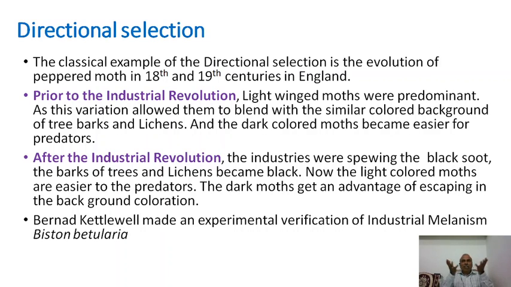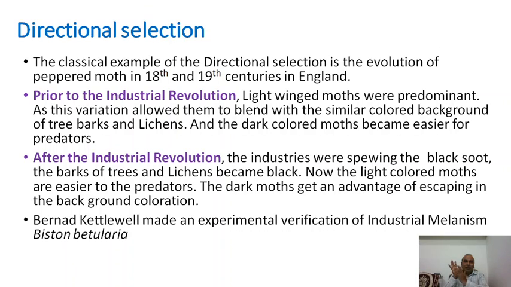But once the Industrial Revolution occurred, all the industries and factories produced black soot. The black soot spewed onto entire surfaces like tree barks, rocks and buildings, so that all became black. The background color shifted from light to black. As the background color shifted, what happens?